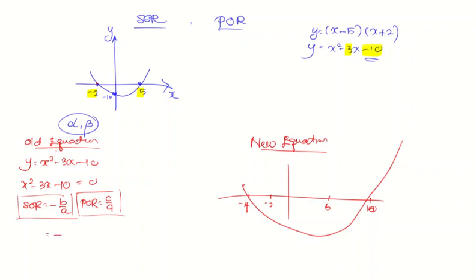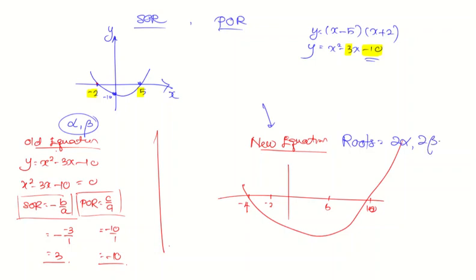Okay, so negative b over a will give me 3. Product of root will give me negative 10 over 1, negative 10. Okay, original equation. And new equation over here, new equation. The roots are doubled: 2 alpha and 2 beta.